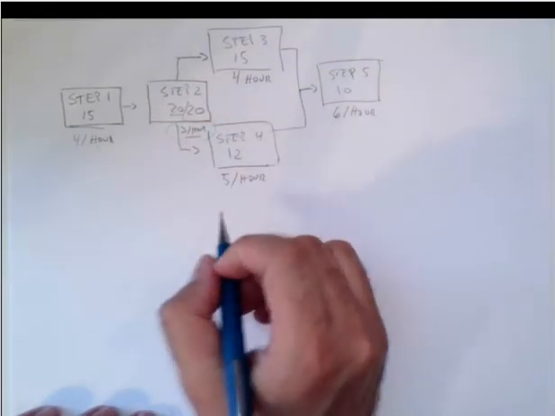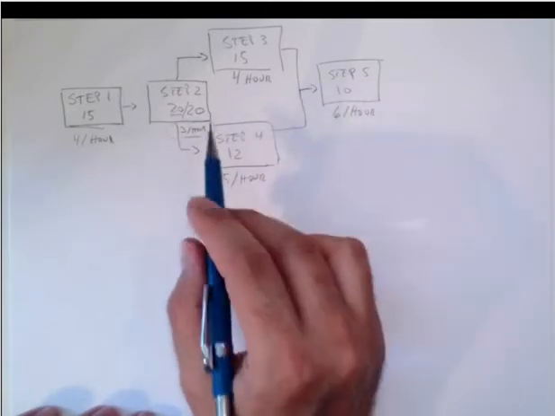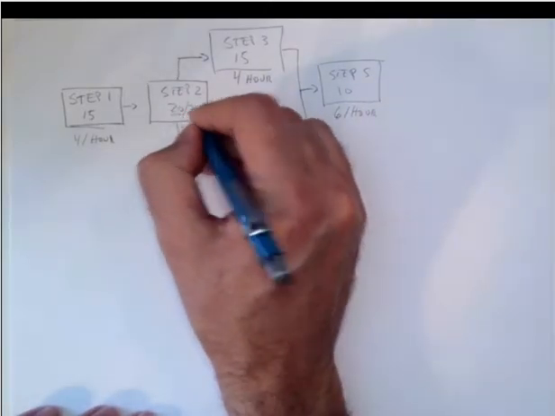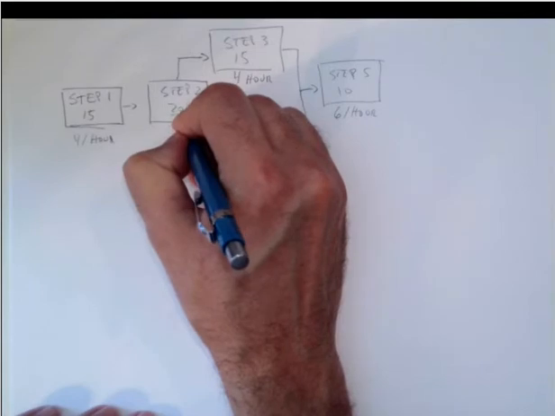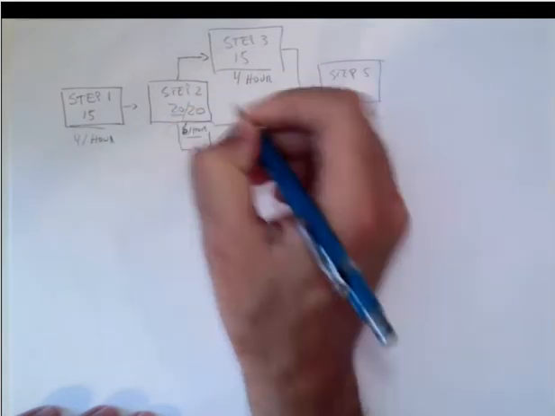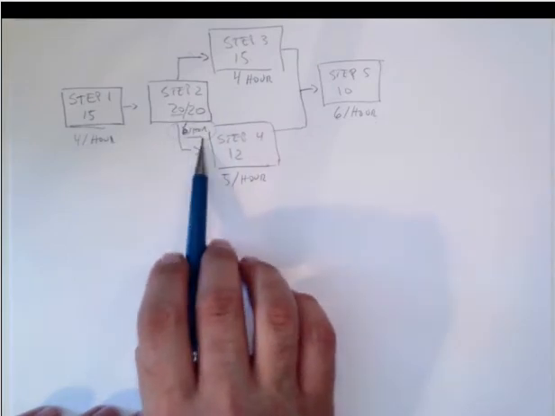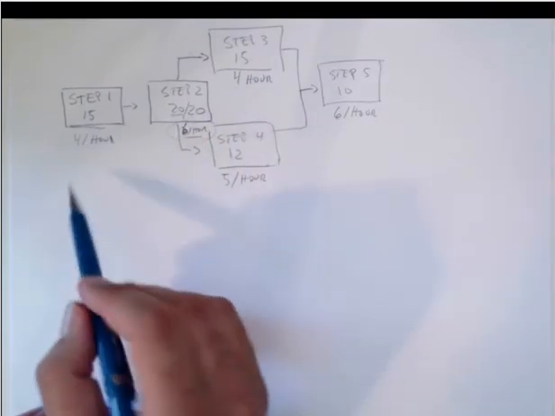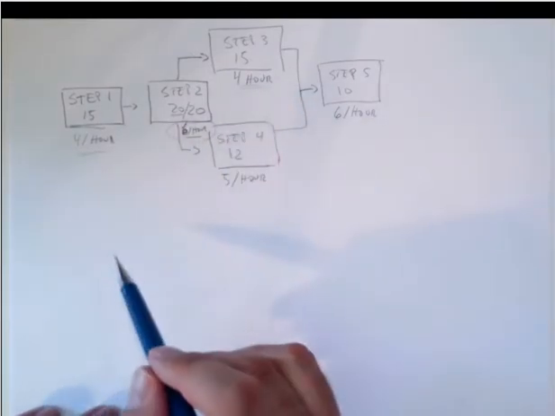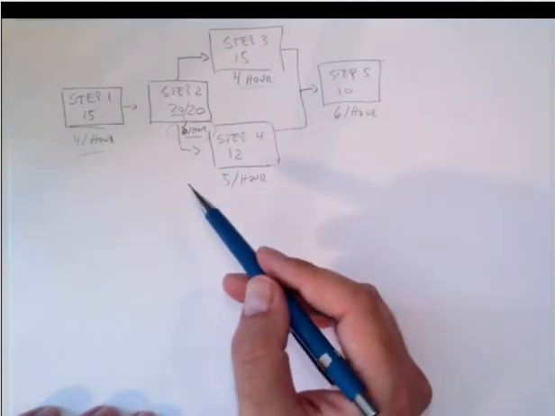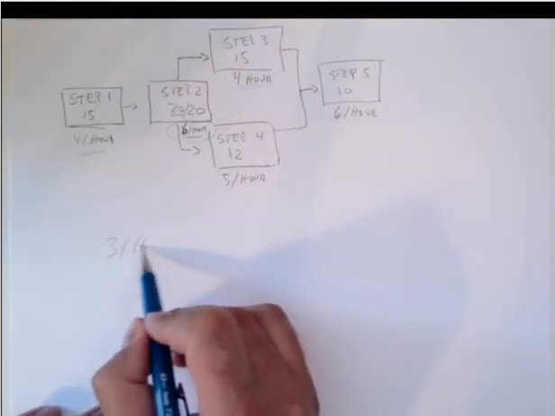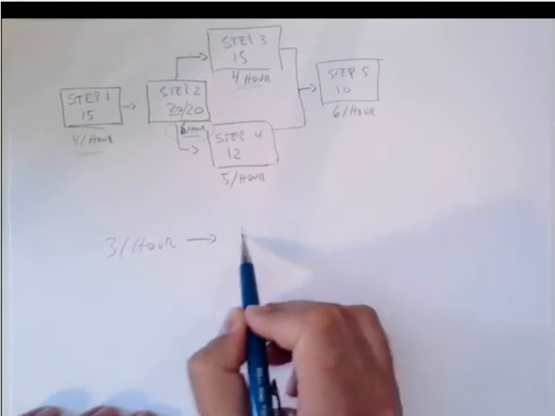Then I have one every 10 minutes, so my capacity will increase to 6 per hour. If I do that, this is not the bottleneck anymore. Now these two processes are the bottleneck, and I just increased the capacity from 3 per hour to 4 per hour.